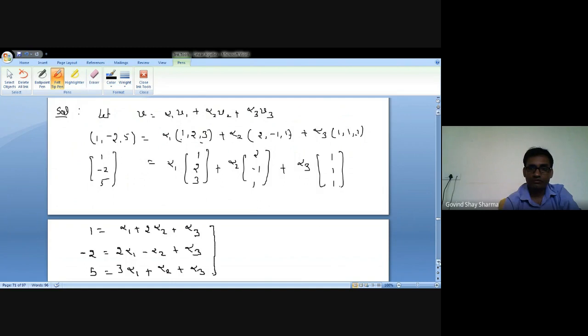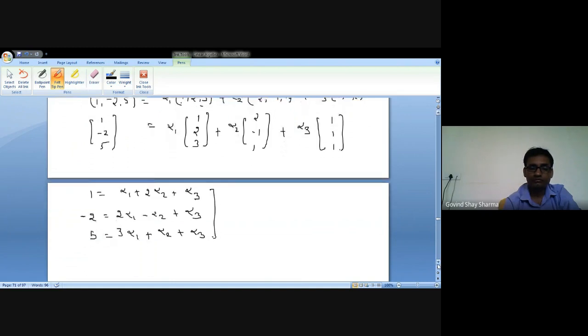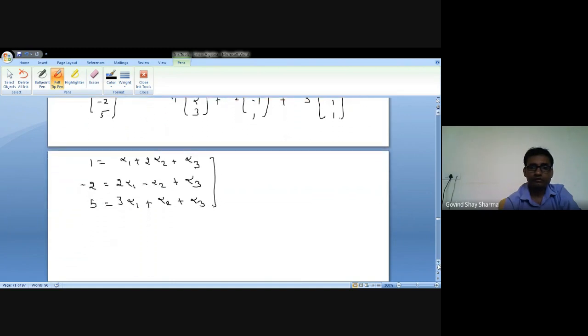Now by the solution of this, we can use Cramer's rule, or solve by simple linear equations, and we get alpha 3 equal to 6, alpha 2 equal to 2, and alpha 1 equal to.